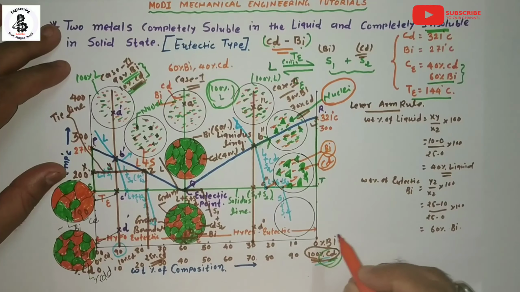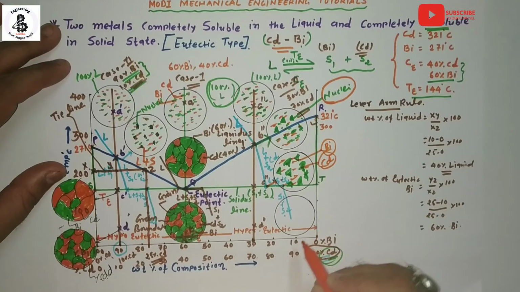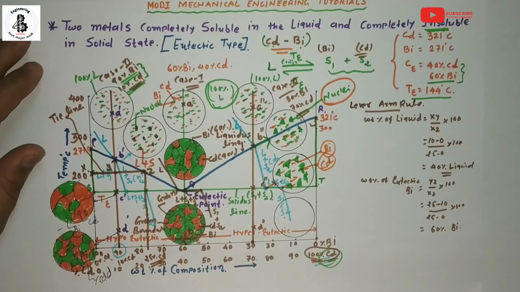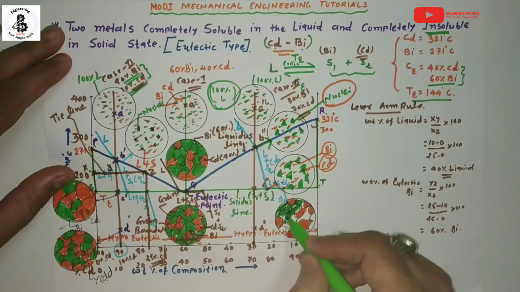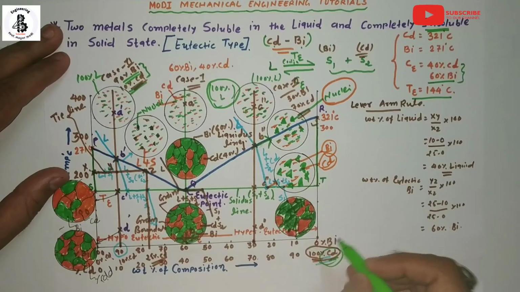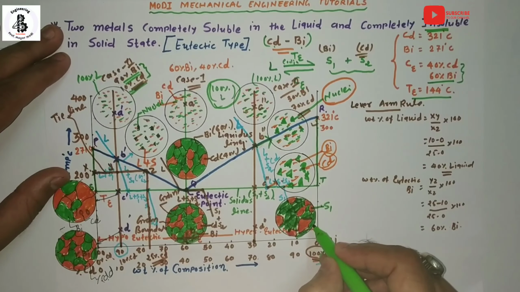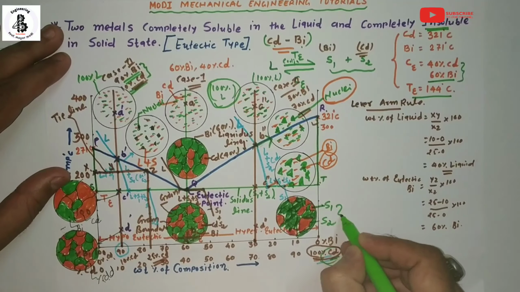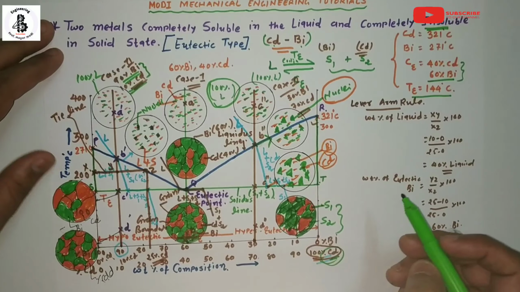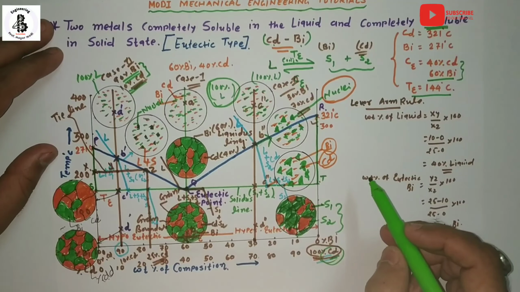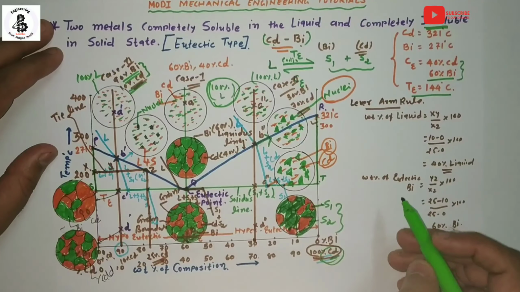Now I would like to make a microstructure at D double dash, around room temperature. At room temperature it makes two different solids, S1 and S2. So this is the metallic phase diagram for cadmium and bismuth.